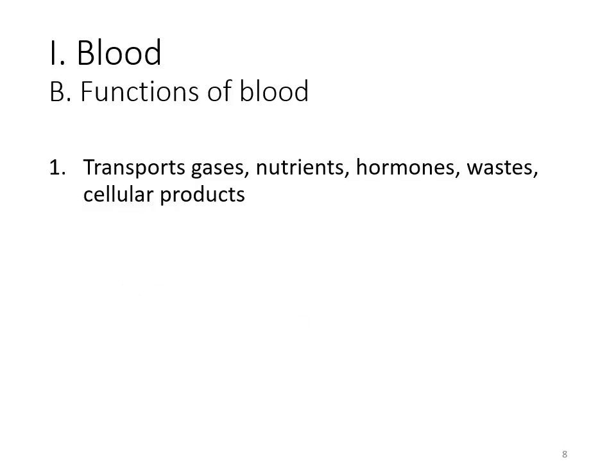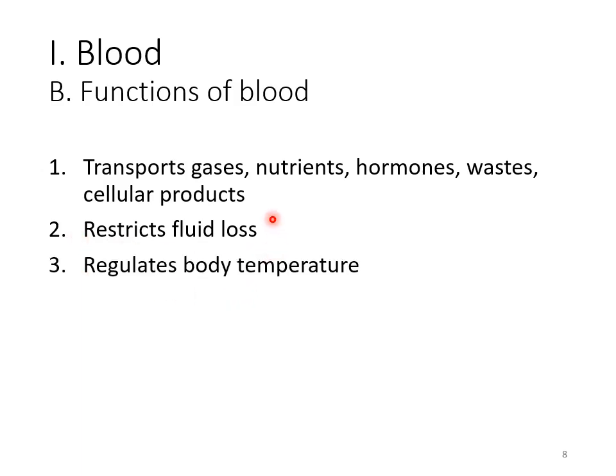What are the functions of blood? We know, of course, that blood transports gases, nutrients, hormones, waste, and cellular products all throughout the body. It restricts fluid loss. Again, that's due to the oncotic pressure in your blood due to the protein components, especially albumin. It helps to regulate body temperature. As blood flows throughout the body, it helps equalize the temperature throughout the body. It helps distribute warmth to the more distal portions of the body.